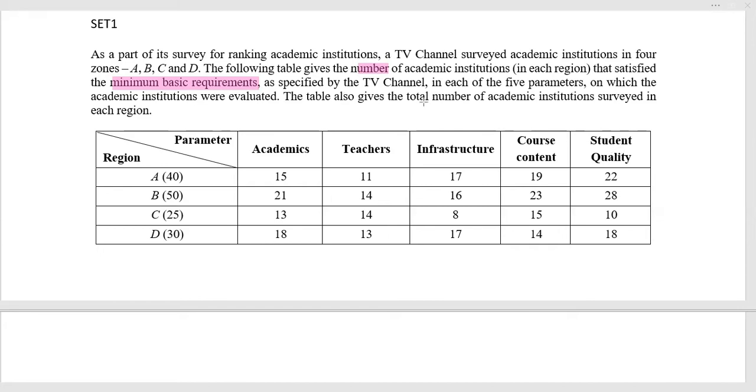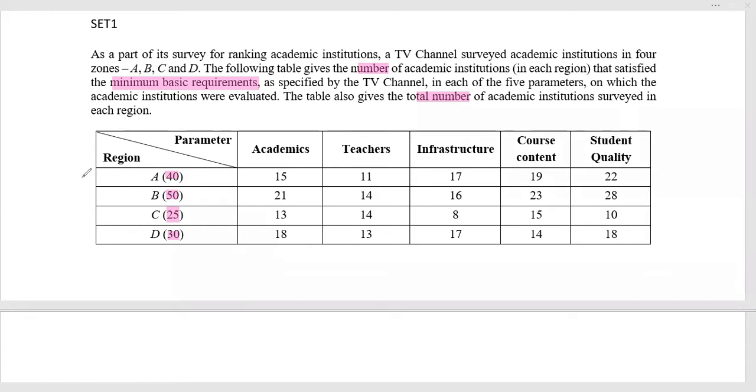This table also gives the total number of academic institutions surveyed. The total number is given here: 40, 50, 25, and 50. These are the total number of academic institutions surveyed in each region. Now, what is the meaning of that particular table that we need to understand?